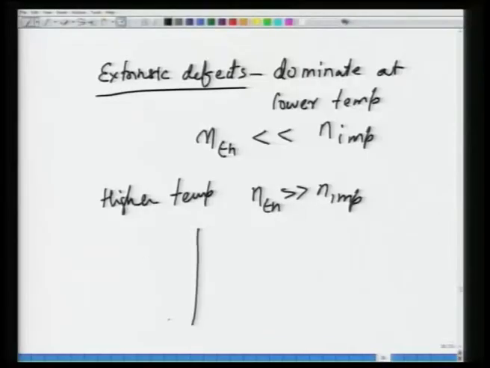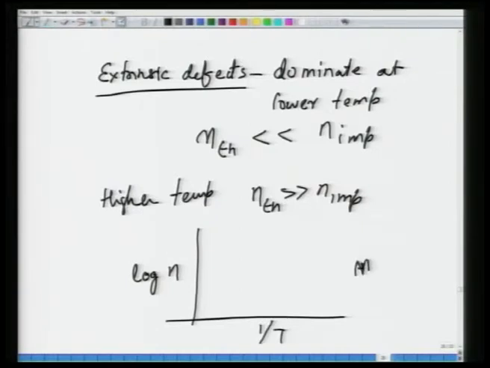This replicates itself in the properties, especially diffusivity and conductivity, as we will see later. We will see that intrinsic behavior is more predominant at higher temperatures, whereas extrinsic behavior is more predominant at lower temperatures, where defect concentration is independent of temperature. So if you plot defect concentration, let us say log n versus 1 by T, for example for MgO containing some x% Al2O3, the concentration varies like this.